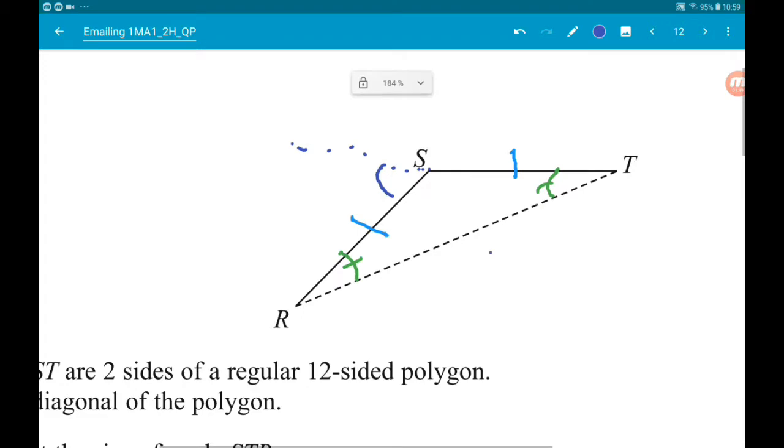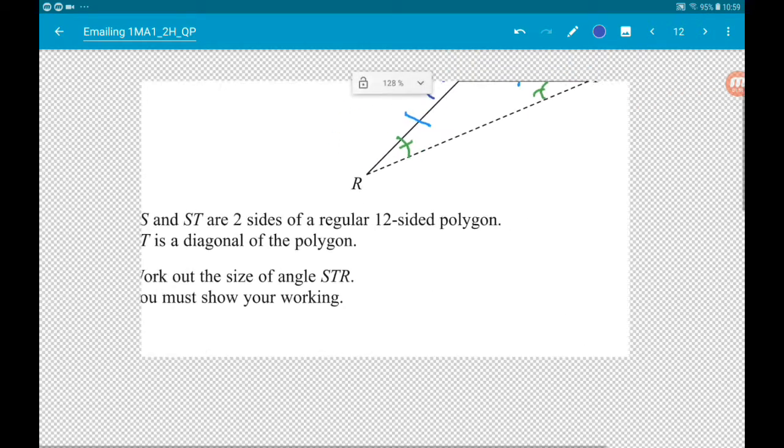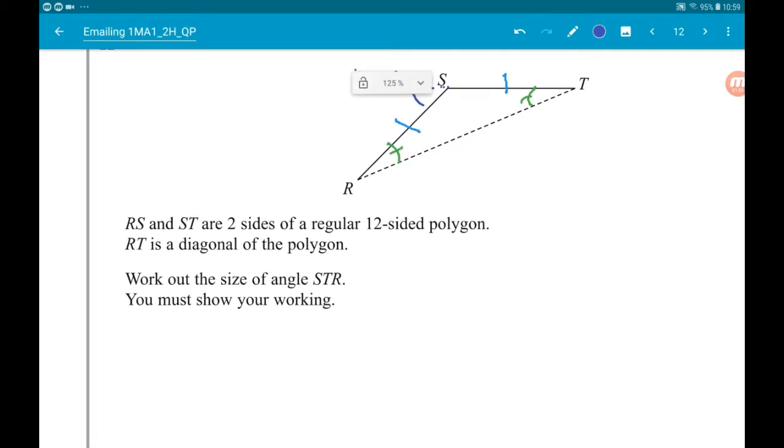Now, exterior angles, so the sum of exteriors is always 360.